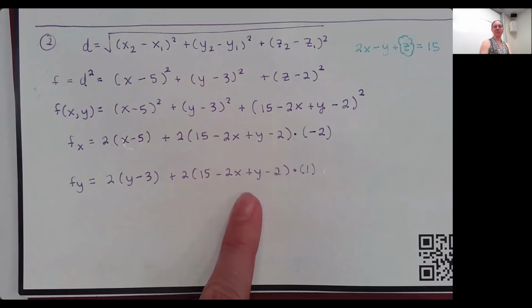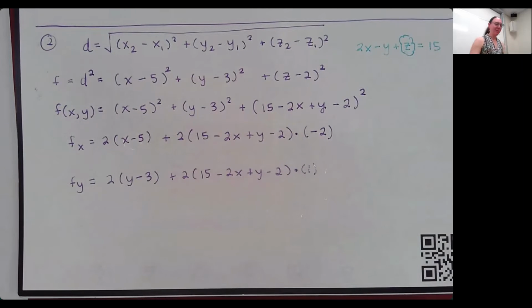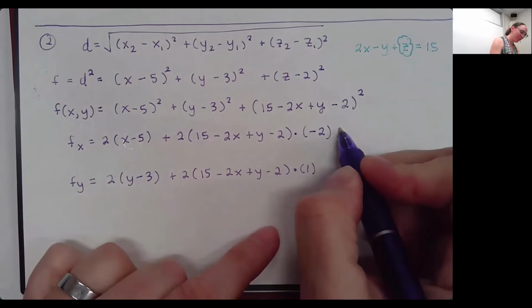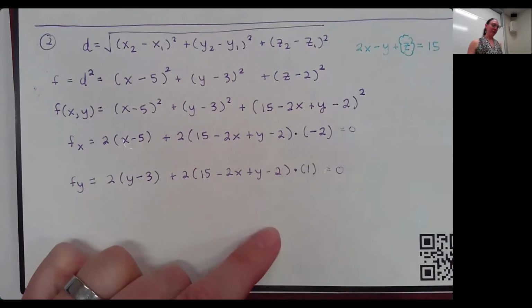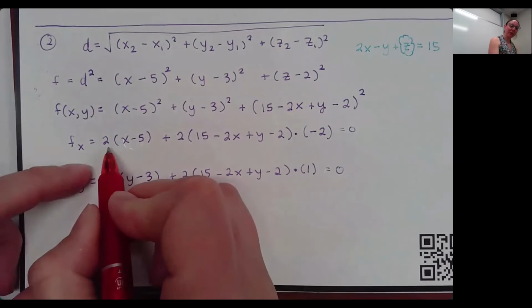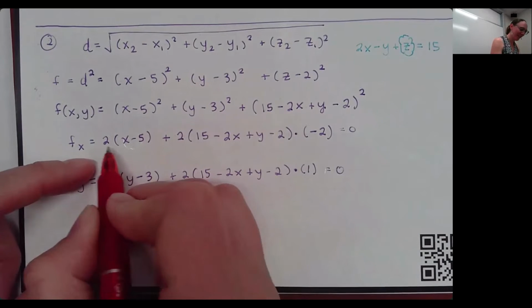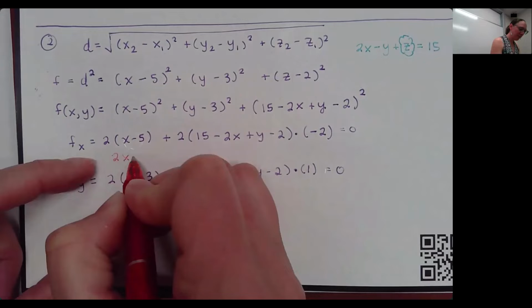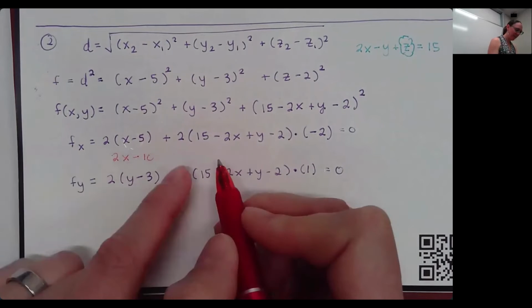Okay, now the fun part, the algebra. Because if I set each of these equal to 0, from looking at them, I can tell they're both going to be equations of lines. But I think distributing everything out is our best way to get there. I didn't leave myself a ton of space, but let's see if I can do it. If I distribute this out, I've got 2x minus 10.